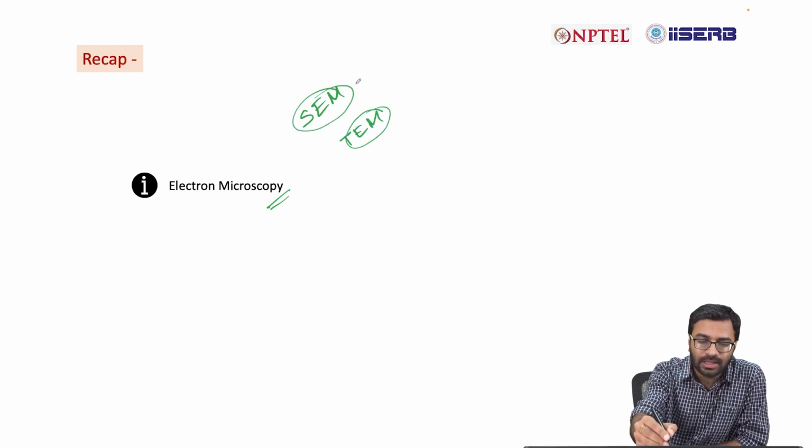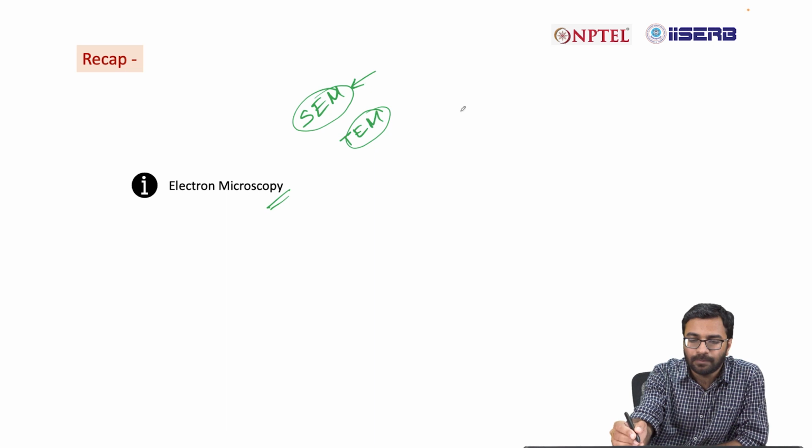So we have seen that in the case of scanning electron microscopy, you use an electron gun in order to get the morphological data of a certain sample.